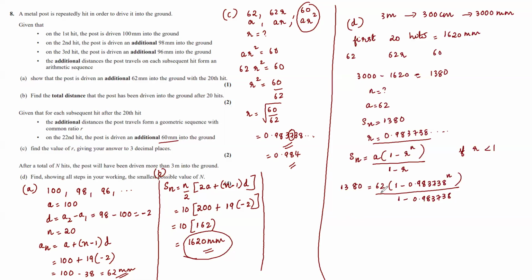Take the 62 to the left hand side. So multiplication becomes division. 1380 divided by 62 is equal to 1 minus 0.983738 to the power of n, divided by 1 minus 0.983738. Or you can just simply take 0.984. It's okay. You will get the same answer.